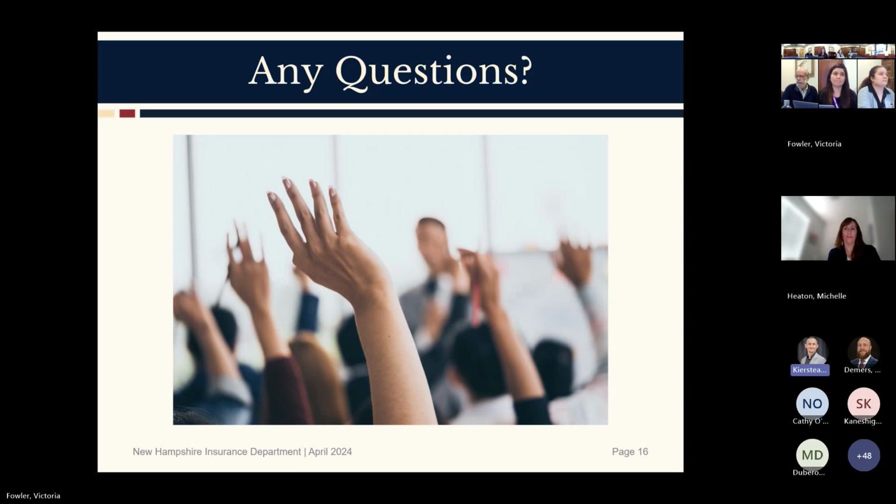Can you explain the network adequacy review with the new federal rules? So for our network adequacy review, New Hampshire has its own template that it runs. With CMS, they are deferring to New Hampshire to run that network adequacy template. So we are the primary enforcers for the time and distance standards.